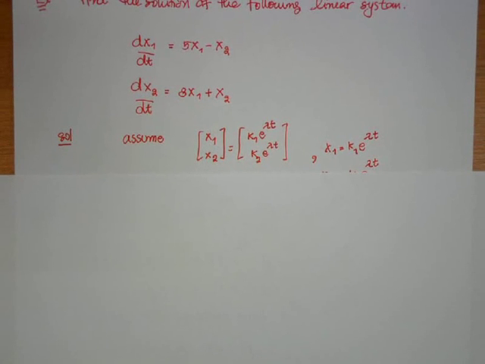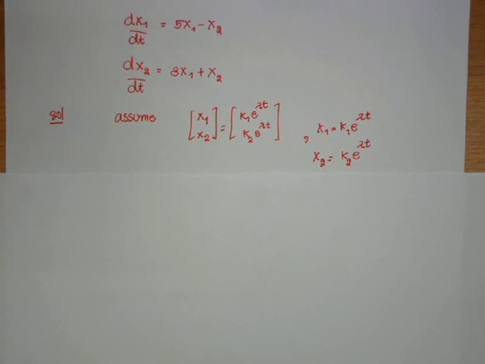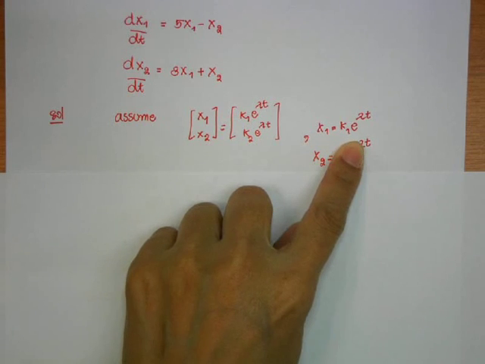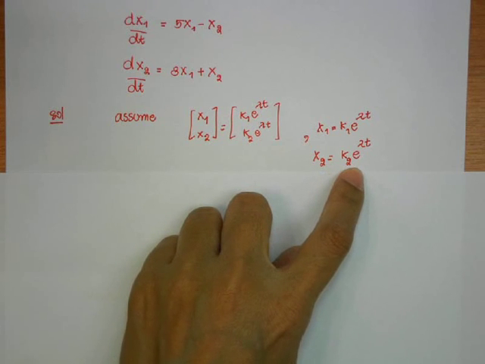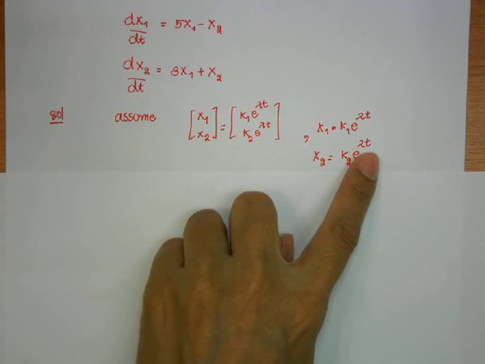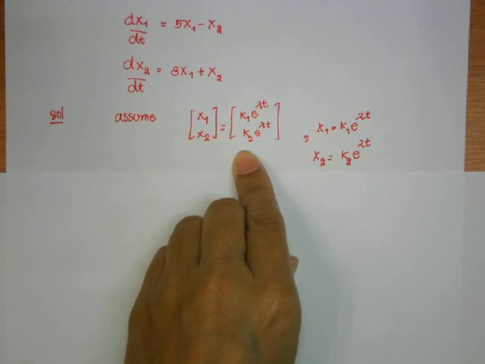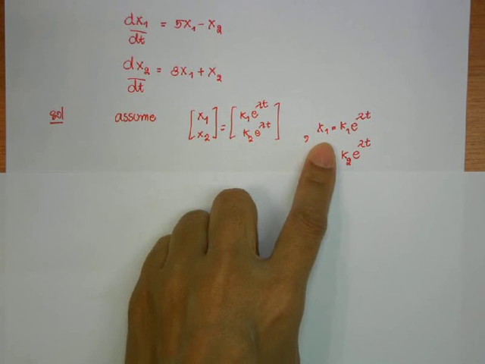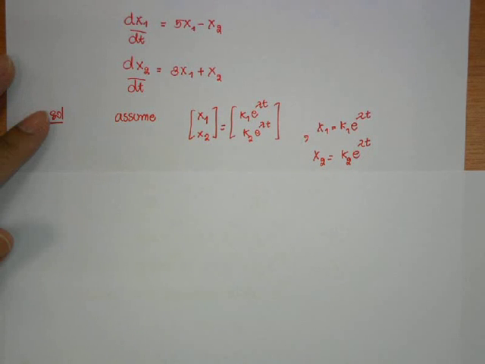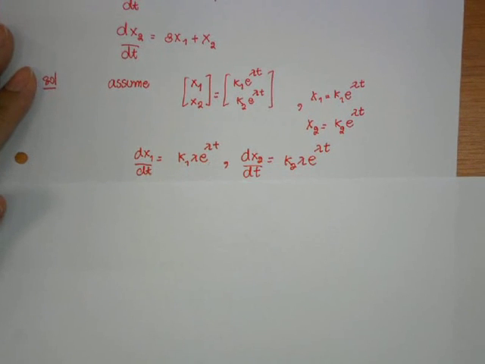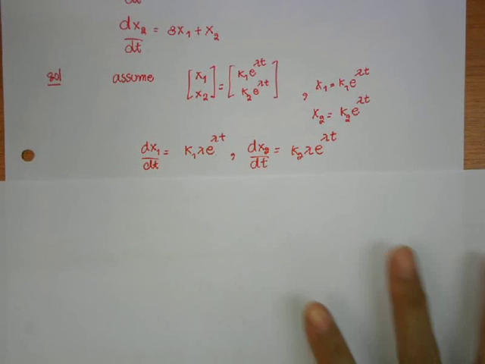By doing that, we are going to assume that our x1 is equal to k1 times exponential of lambda t, and our x2 is equal to k2 times exponential of lambda t. So from this, you can write it down as a matrix, or if you don't feel comfortable with the matrix, you can write it down as regular terms as we used to do. So we are going to plug whatever we assume back into our differential equation.